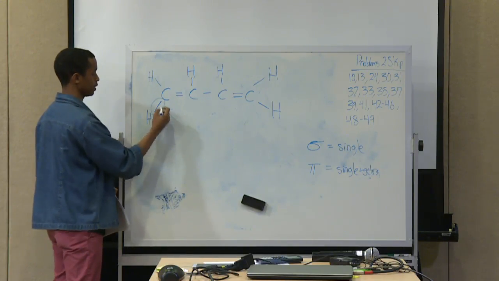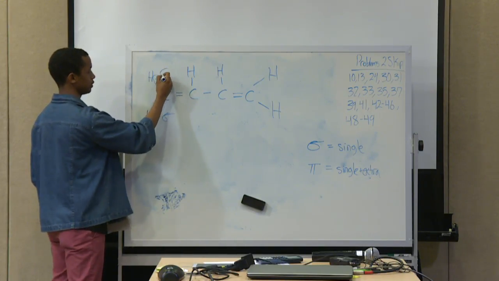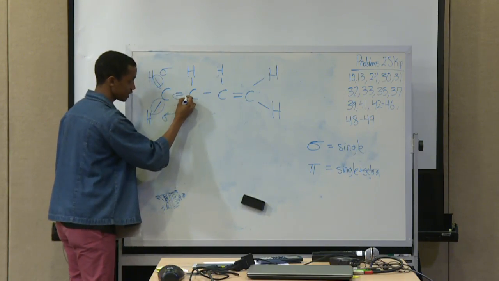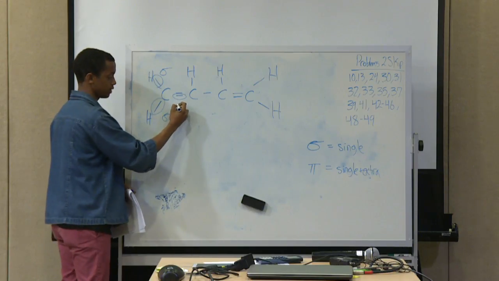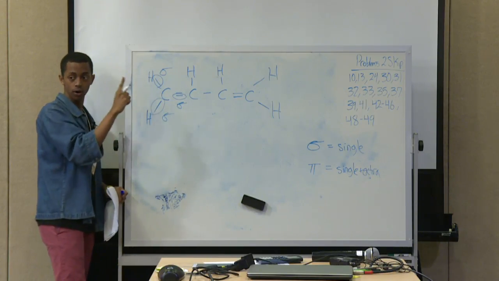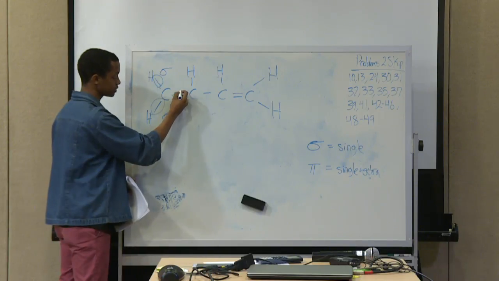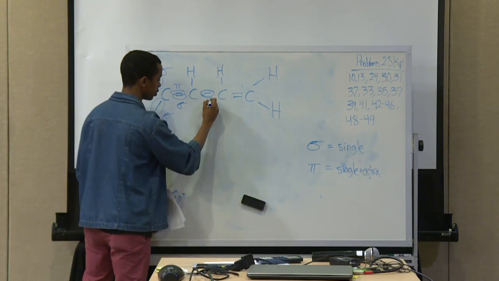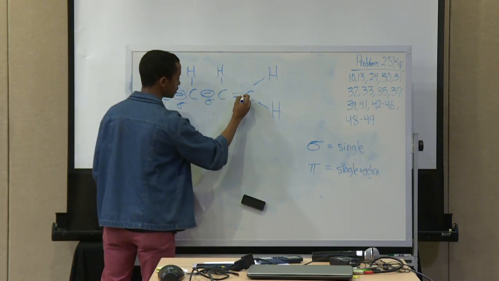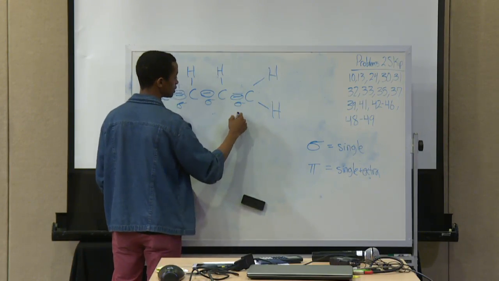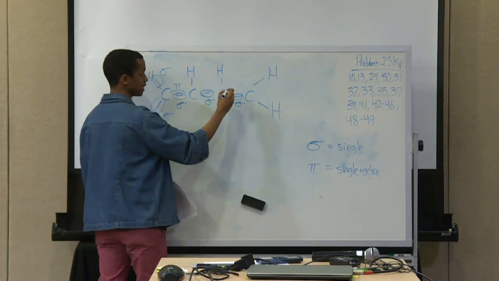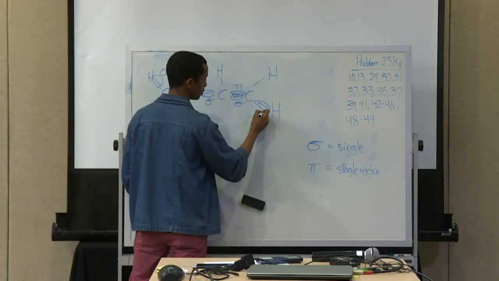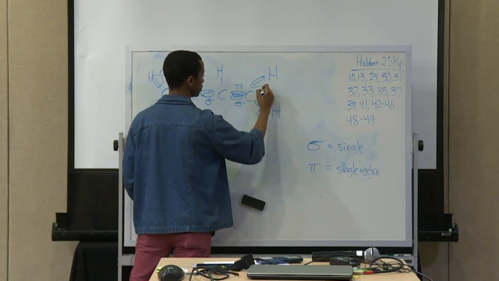This single bond right here is a sigma. This single bond right here, that single line is a sigma. Anything after you count 1 is a pi. So now this is pi. This here is just a single one, so it's sigma. This here is sigma. Anything after sigma on the same thing is pi. This is sigma, and that is sigma.